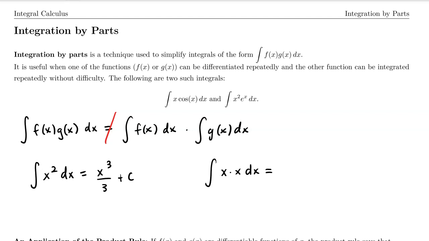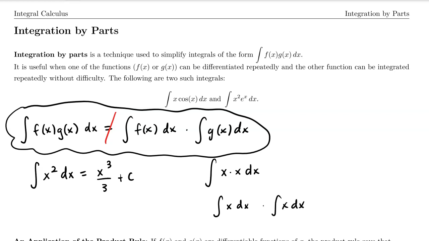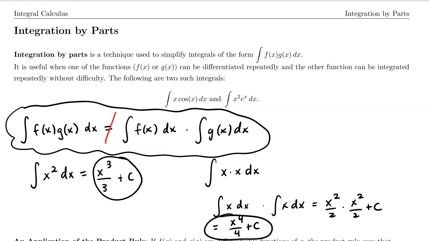And if I thought that the above statement was true, then I could evaluate each of these things individually and multiply them together, which would equal x squared over 2 times x squared over 2 plus c, and if I simplified that, that would equal x to the 4th over 4 plus c, and notice that these things are not equal to each other.